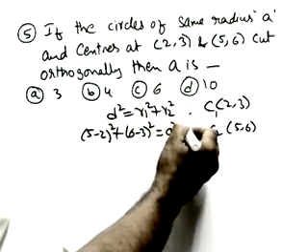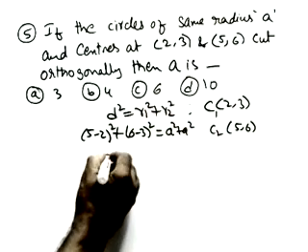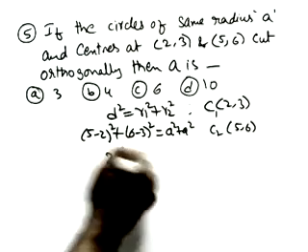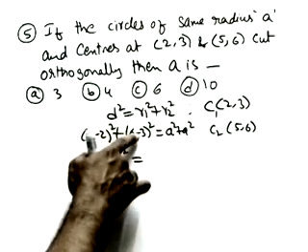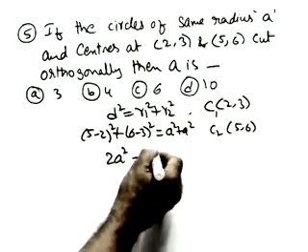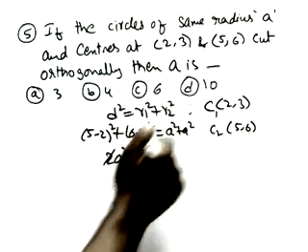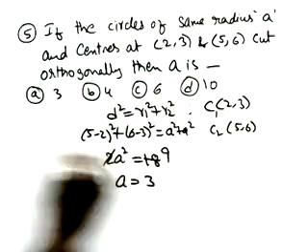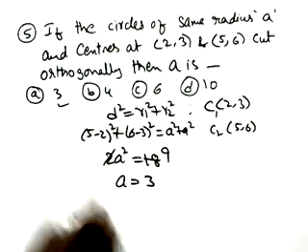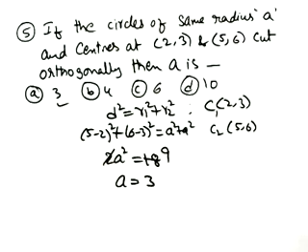What is given? Same radius of both the circles a, that is a square plus a square. So a square plus a square is 2a square equals 3 square 9, 9 plus 9, 18, 2 ones are 2 nines. So if we take the square root from here, it will be root 9, take only the positive value for radius. So a equals to 3.